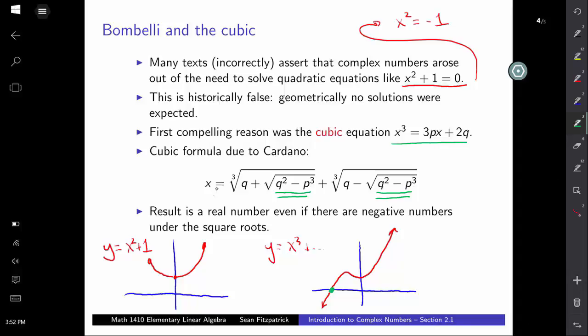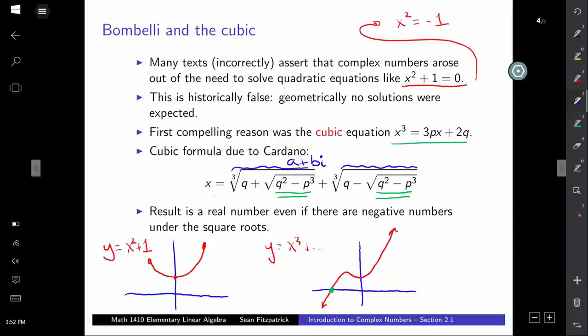But you can play around and you can realize that these two terms, the first term, this guy kind of ends up being of the form a plus b times i. So you get a complex number. The square root of minus 1 shows up.